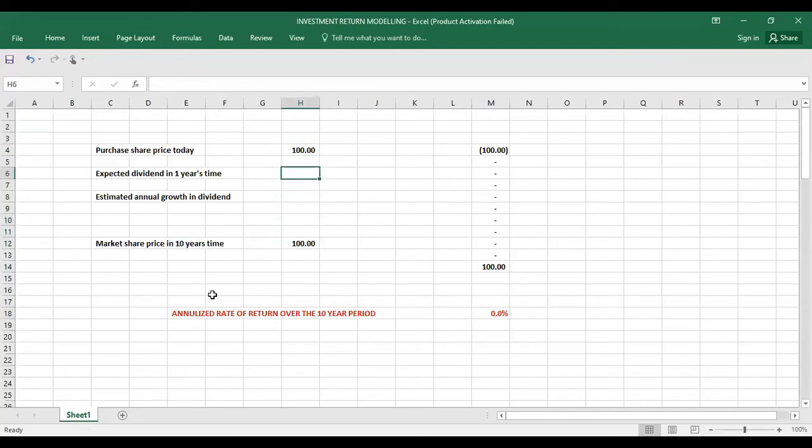So what I'm going to do now is use a very popular company just as an illustration to answer that first question: what if I invest and the share price falls?